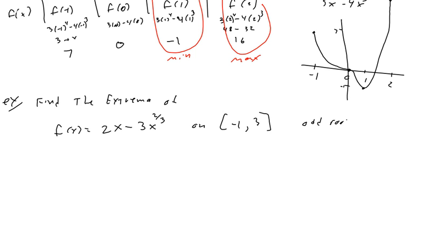So if you have a cube root or a fifth root, you can do the cube root of a negative. That's fine. Like the cube root of -1 is fine. But even roots cannot. Square root of -1, not allowed. Or the fourth root of -1, not allowed, right?